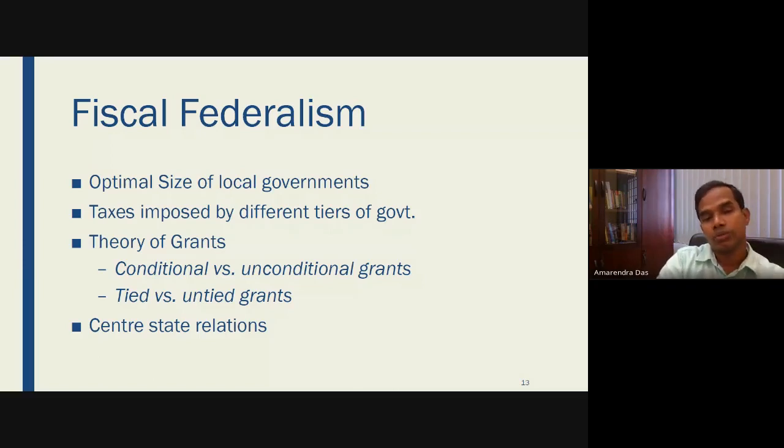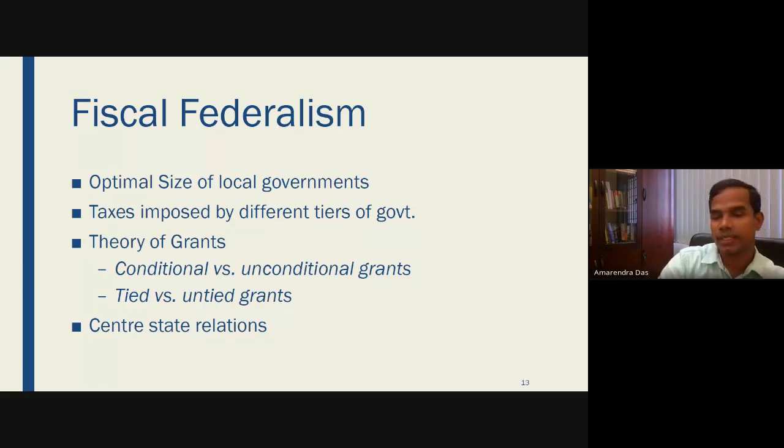Those are basically the theories of what taxes should be imposed by which level of government. Similarly, what public goods should be provided by which level of government. Defense should be provided by the national government. It cannot be provided by the state government because there will be a lack of coordination. Similarly, you must remember that the union list and state list, although created in the beginning, are also based on certain theories, that these functions should be delivered by the state government.